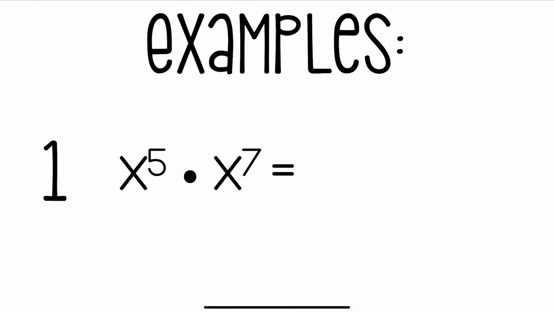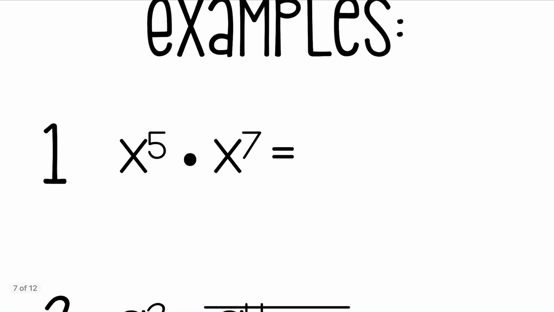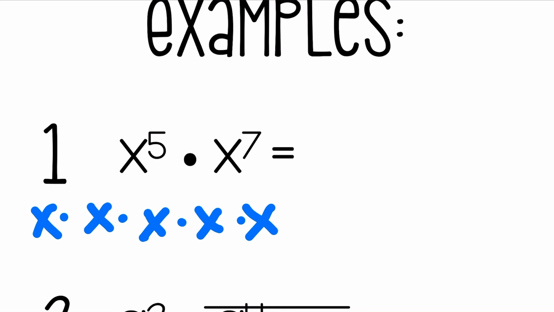We have x's here. We have an x to the 5th and an x to the 7th. Basically how you solve these is you want to expand it out first and then see what you can do with it. So we got x to the 5th power. So let's do x times x times x times x times x. Okay, that is that first bit.